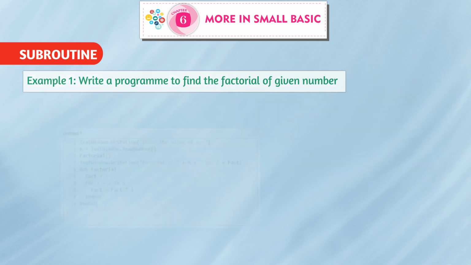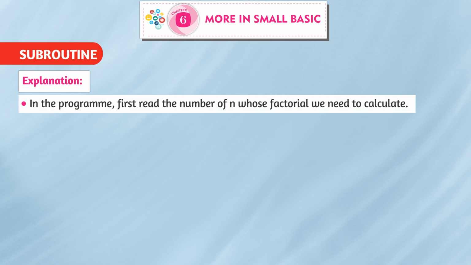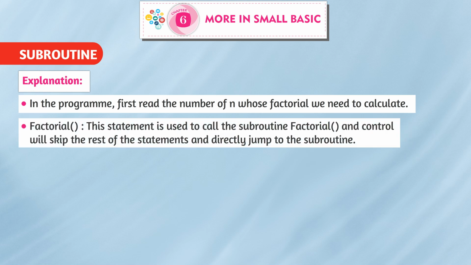Syntax. Example 1. Write a program to find the factorial of a given number. Explanation. In the program, first read the number n whose factorial we need to calculate. Factorial.